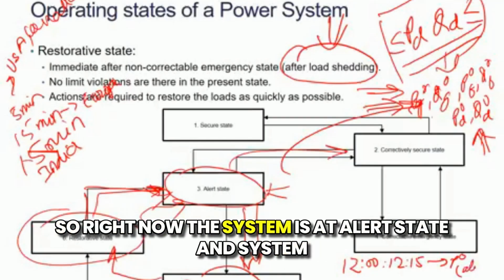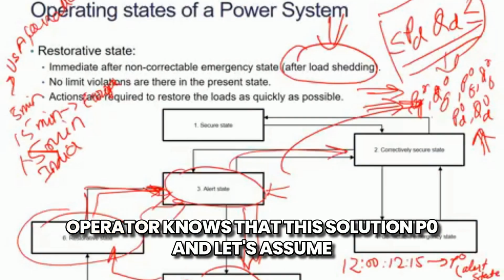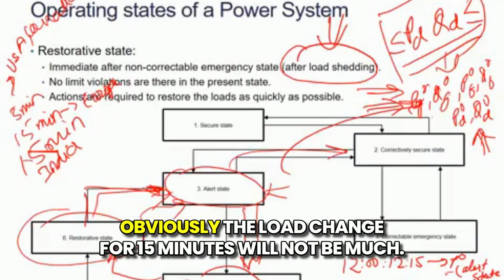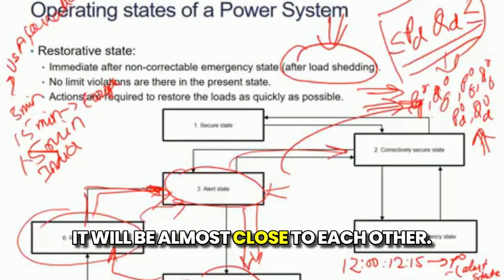So right now the system is at the alert state, and the system operator knows this solution P naught, and let's assume the PD, QD from 12:15 to 12:30 is also the same, because obviously the load change over 15 minutes will not be much, it will be almost close to each other.